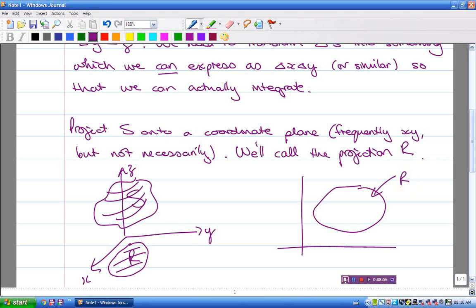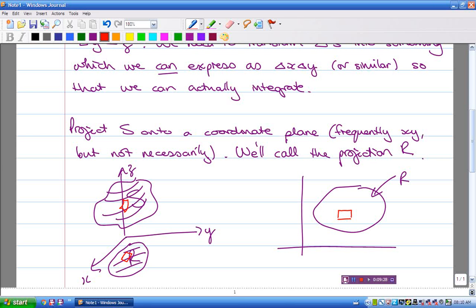Let's take a rectangle in delta R and its corresponding rectangle on delta S. Here's my rectangle down there in R, and I'm deliberately trying to draw something that looks kind of curvy up there on the surface.